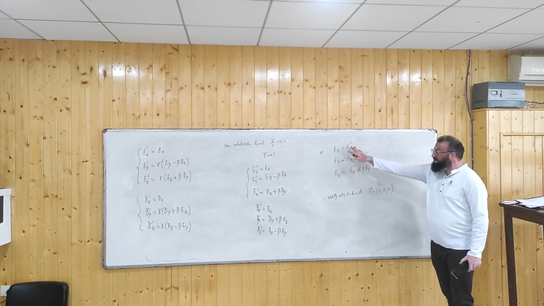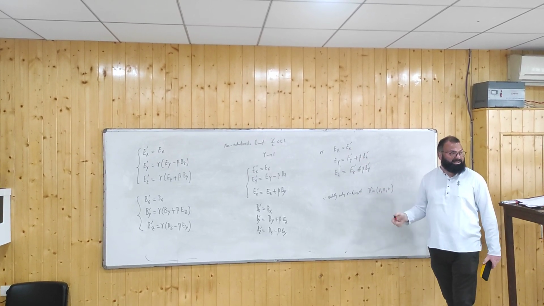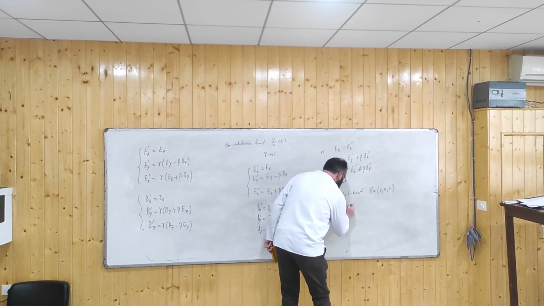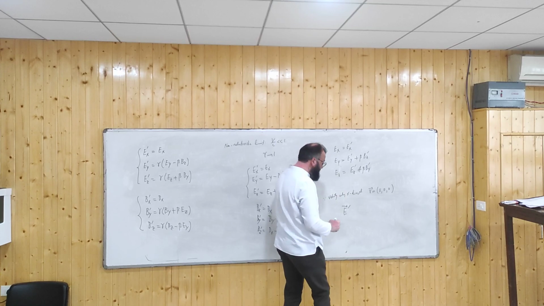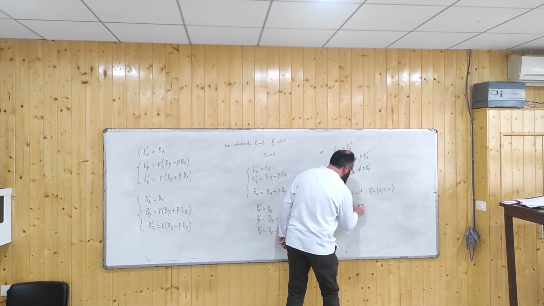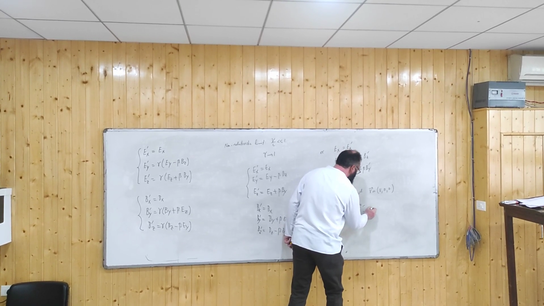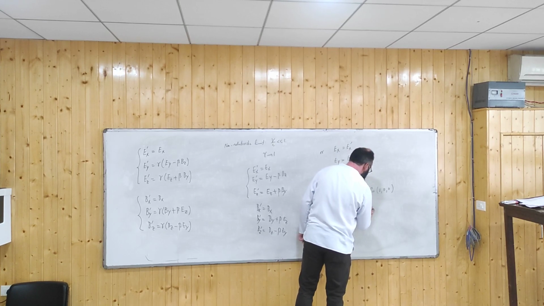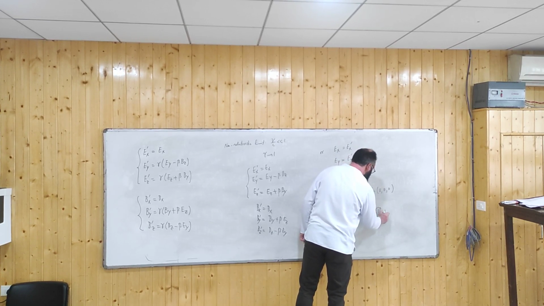So I can write these three equations in a single equation in this fashion: vector E is equal to vector E prime minus 1 by c v cross B.